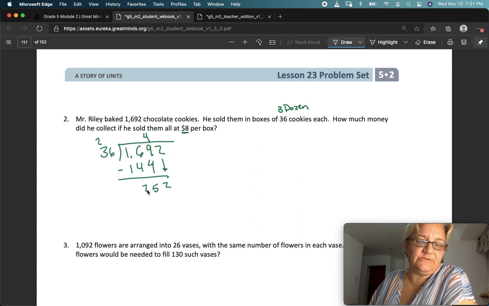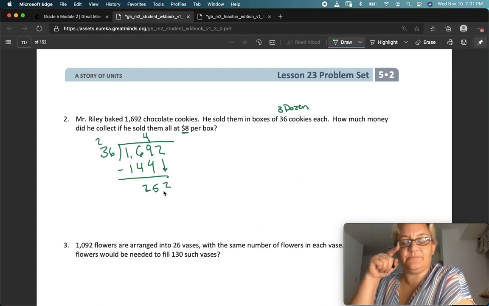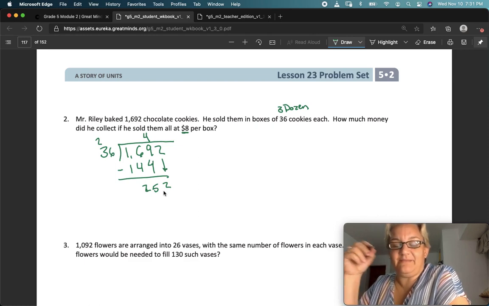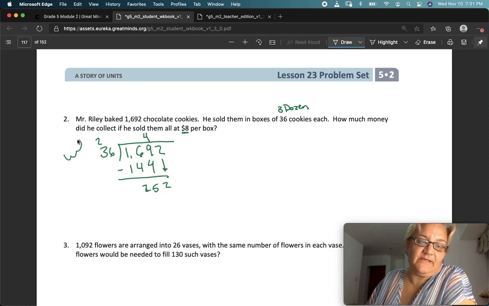36 into 252. So again, if I round it up to 40 in my mind, 40 times 6 would be 240. Now this is a little less than 40.